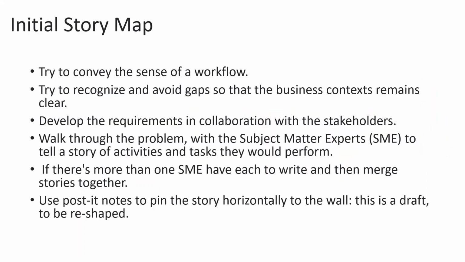The first and foremost thing is to start with the initial story mapping activity, right? Initial story mapping activity is the first step or the first attempt when we are creating the user story mapping document or the user story mapping image. Many times in an agile environment, we do it along with the entire team, right?